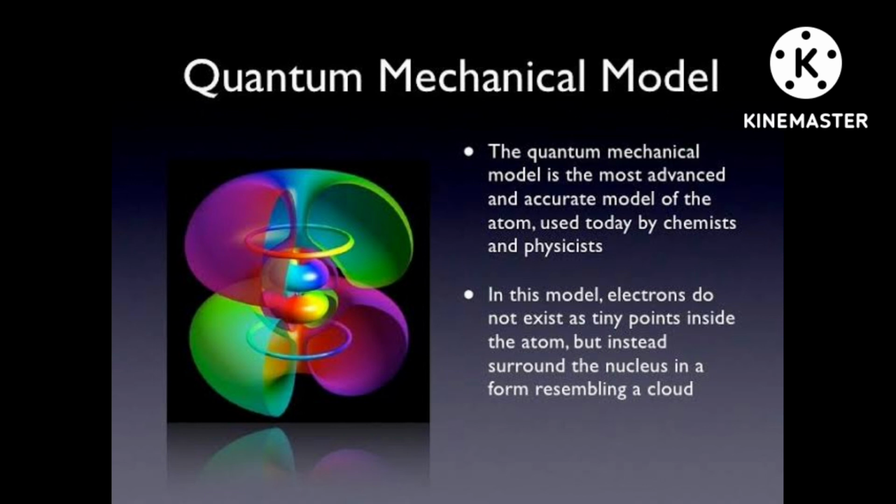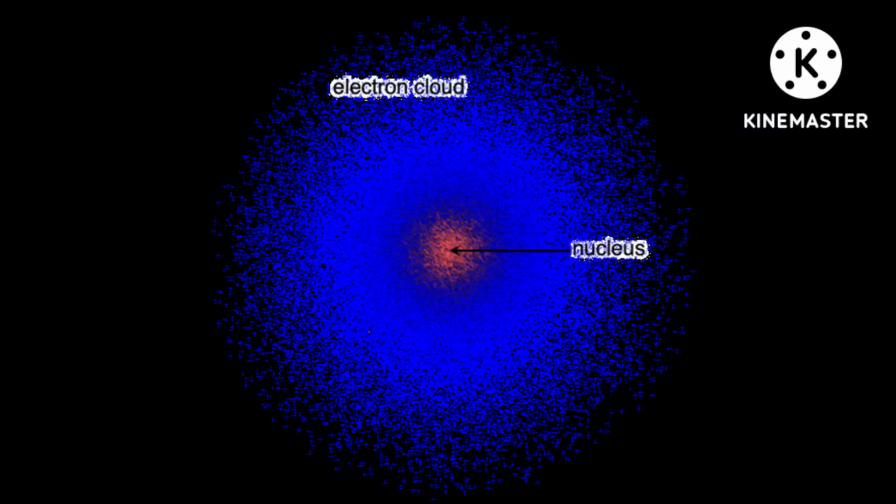Now fourth point, an atomic orbital is the wave function psi for an electron in an atom. Again you listen carefully.